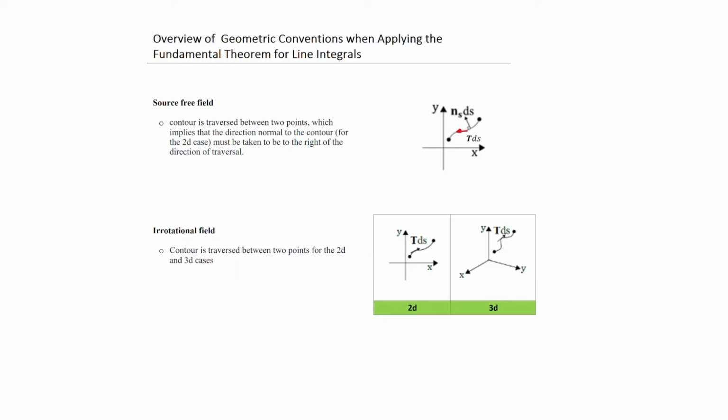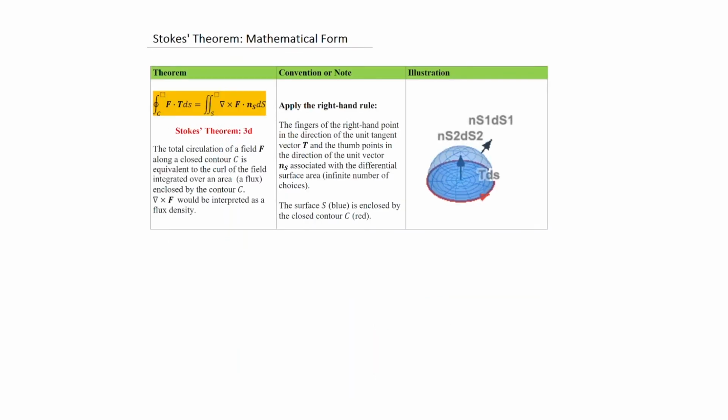In the irrotational field case, the contour is also traversed between 2 points for the 2D and 3D cases, so just keep this in mind. The mathematics will come shortly, but really what we're trying to do is identify whether or not integration along a contour can be related to the properties of the endpoints in all of the cases shown on this slide. All right, so now let's go into more detail and look at the mathematics.